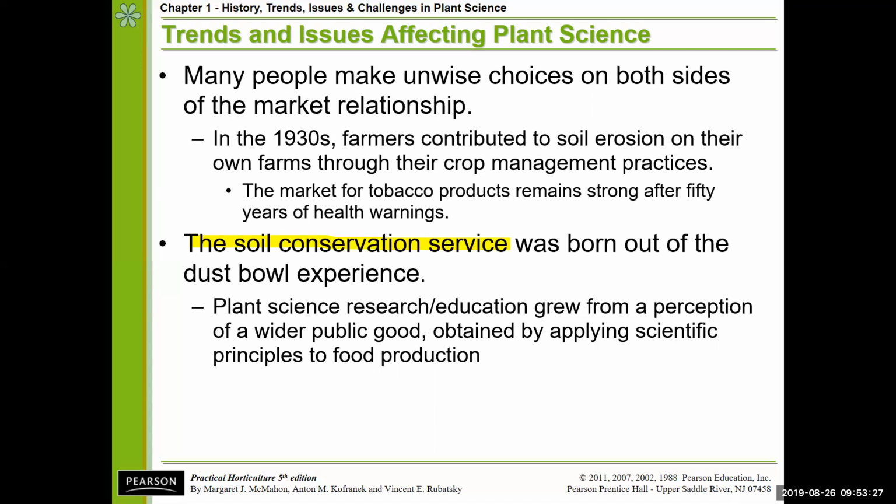This is an example of using plant science, research and education, to try to merge that divide. We're trying to figure out a way to get the money value and the ecological value together.